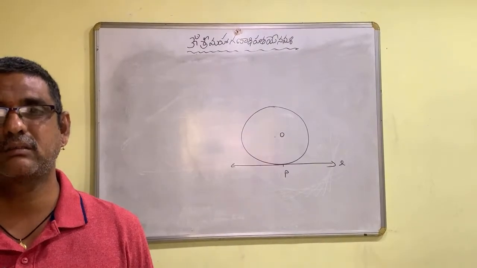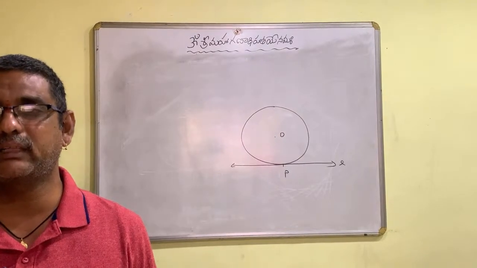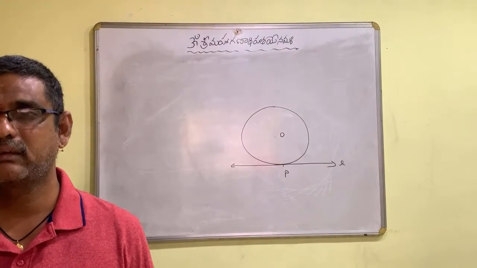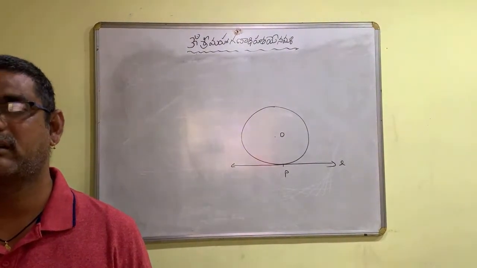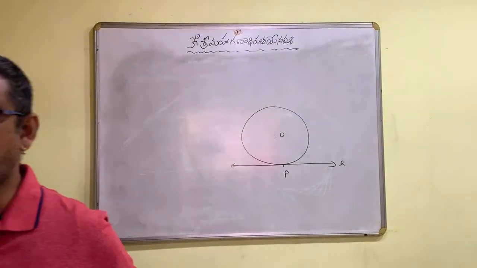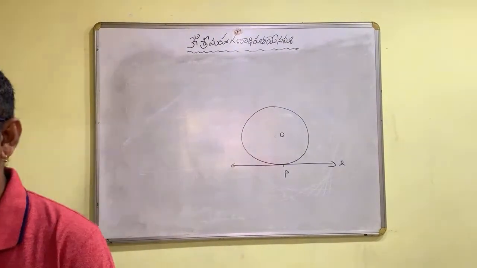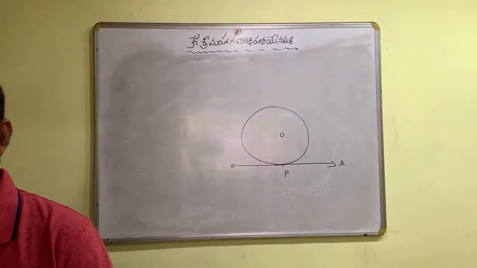No answers. It is the common point for both the circle and the line. Okay. It is a point where tangents meet. Point of contact of tangent with circle. An intersection of circle and the line.